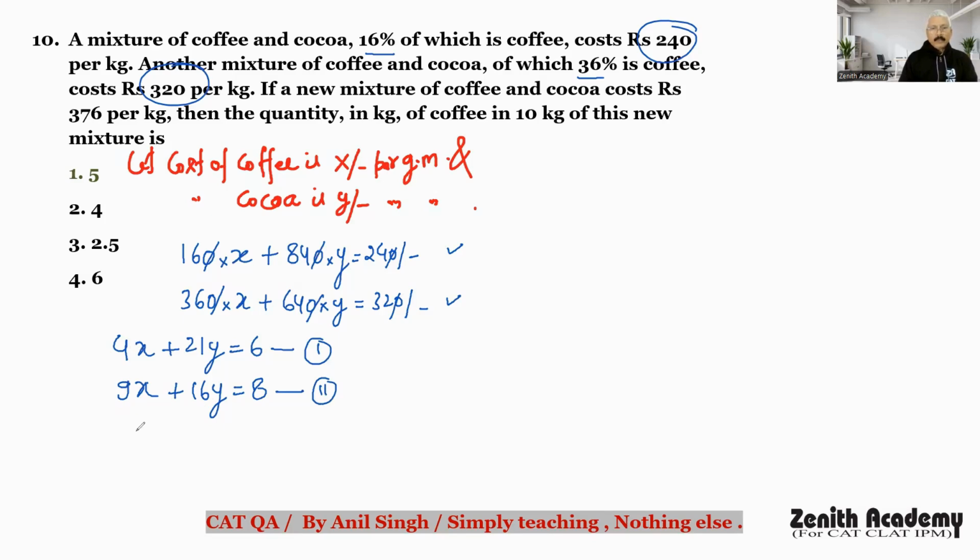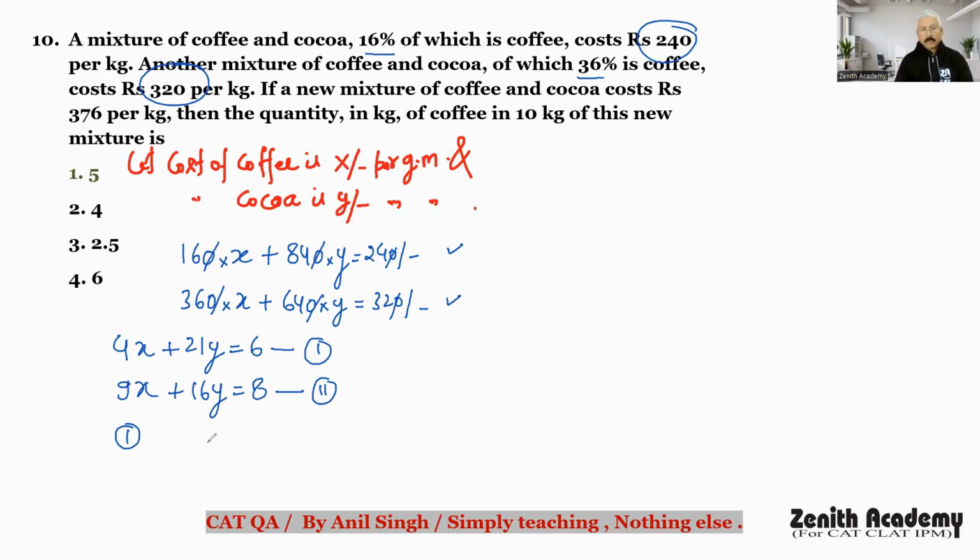So multiply equation number 1 by 9, and equation number 2 by 4, and then after multiplying, subtract them to eliminate one of the variables.